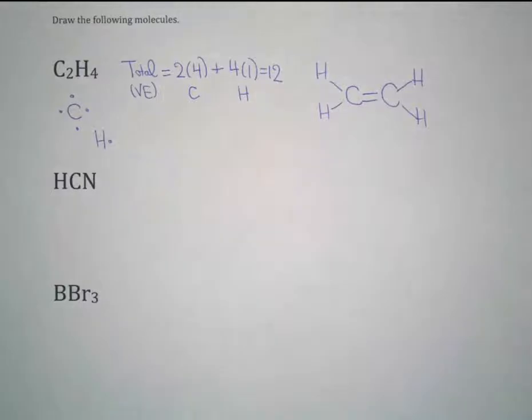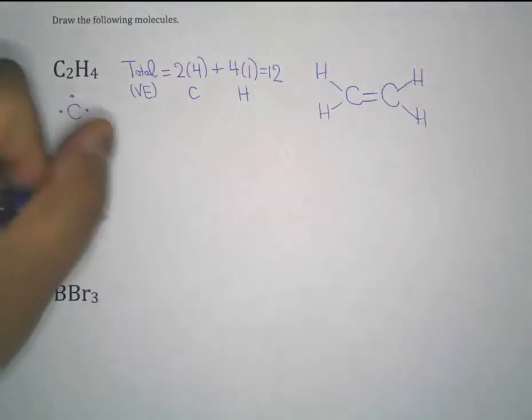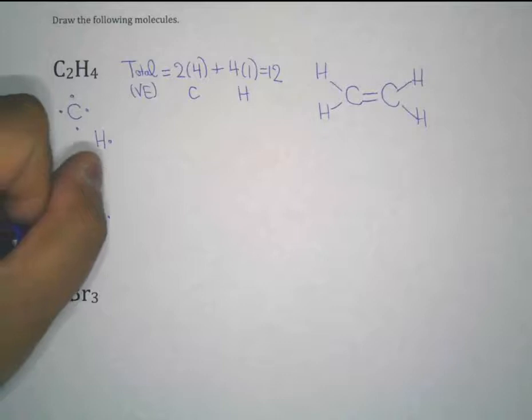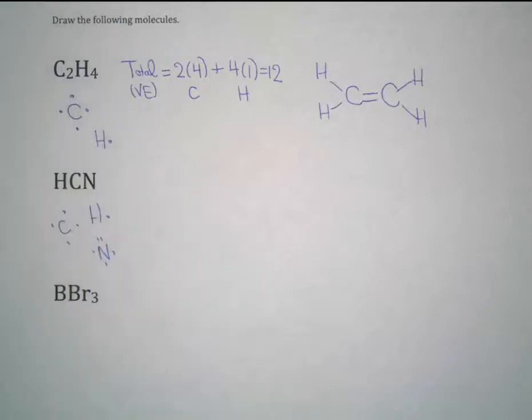In HCN, H has 1 valence electron, C has 4 valence electrons, and N has 5 valence electrons. H can make up to 1 bond, C up to 4 bonds, and N up to 3 bonds.